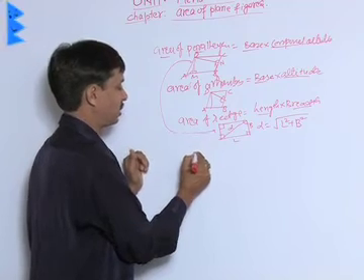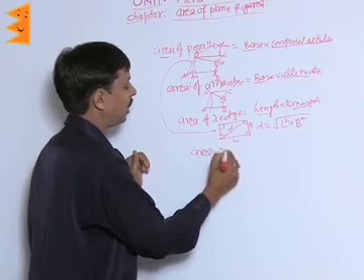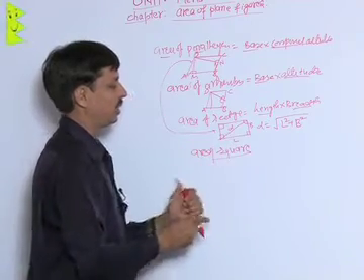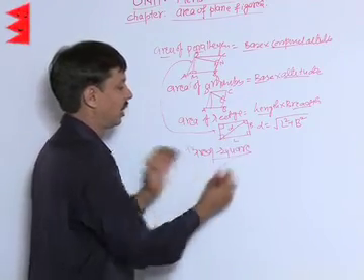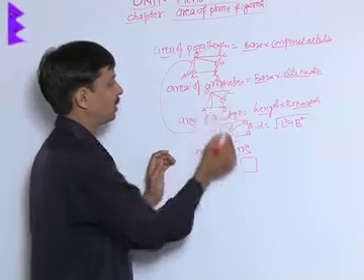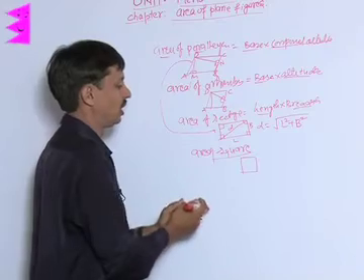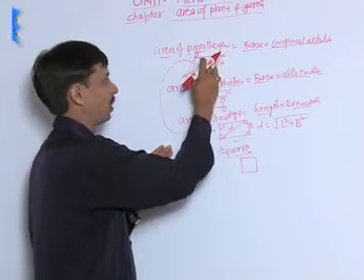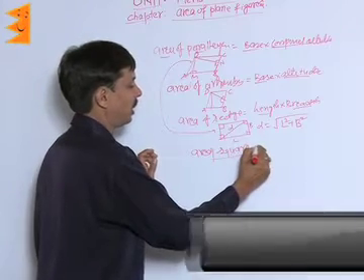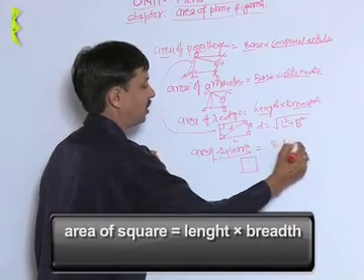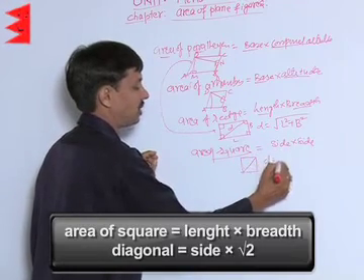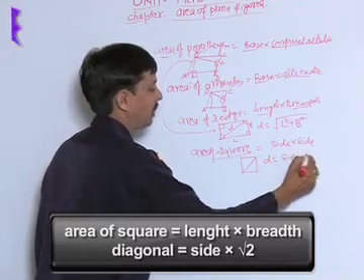Now we come to the square. How do we find the area of a square? A square has three definitions. A square is a rectangle whose each side is the same, or a rhombus whose each angle is 90 degrees, or a parallelogram whose all sides are equal and all angles are equal. The formula for the area of the square is length into breadth, that is side into side, and the diagonal is given by side multiplied by root 2.